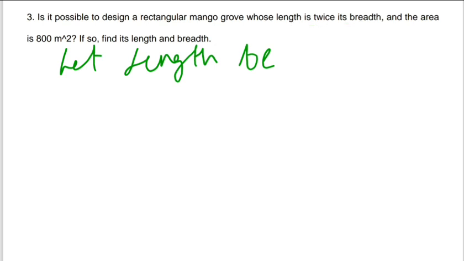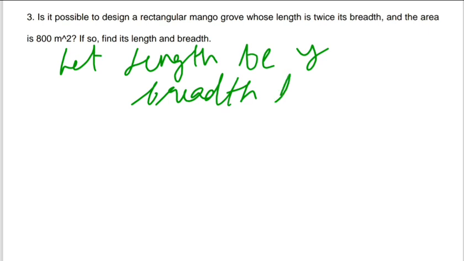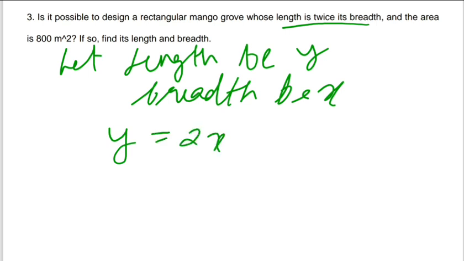So we can assume first length to be y and breadth to be x. Since we need it in terms of x, we will take breadth as x. So see how it changes. They are saying that length is twice the breadth, that is y is twice the breadth. So y is equal to 2x. This is the first one you got.